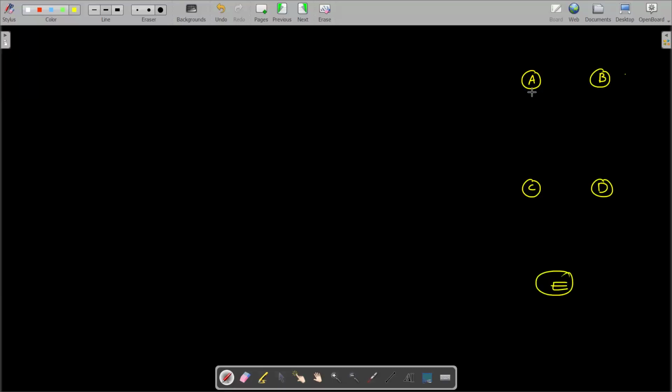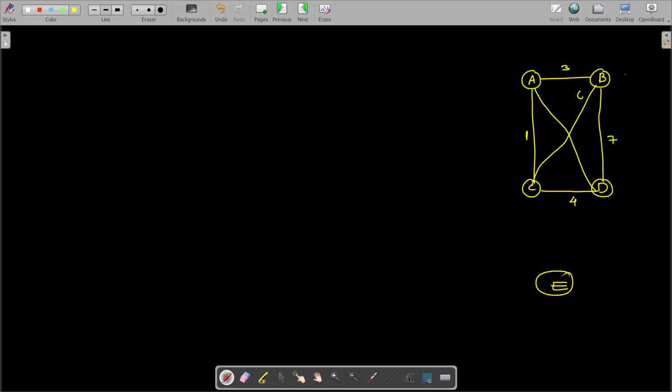Fine. From A to C a connection is there, so the weight is 1. A to B connection is there, and the weight is 3. B to D connection is there, that is 7. This is bidirectional, don't worry. This is 4. From B to C a connection is there, and A to D a connection is there.